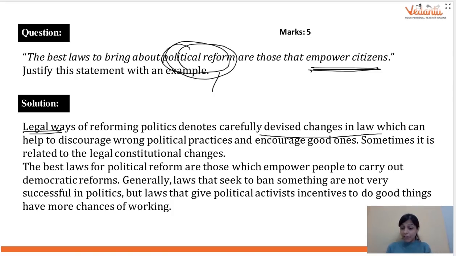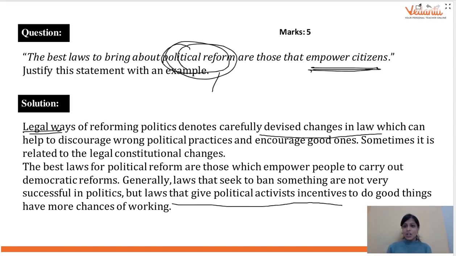We talked about affidavits that are supposed to be given by politicians before they contest elections. They have to hold meetings and file their income tax returns, everything of that sort. And also laws that give political activists incentives to do things that have more chances of working. We should allow legal or political reforms so that citizens feel more empowered in the system of government.